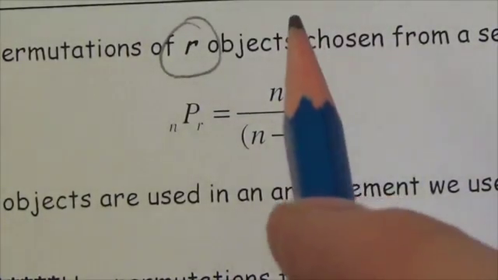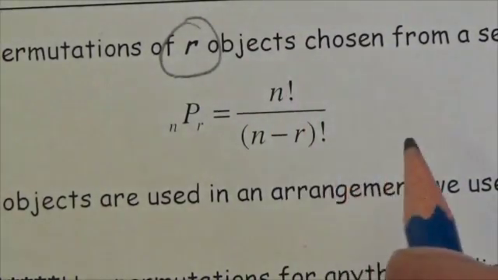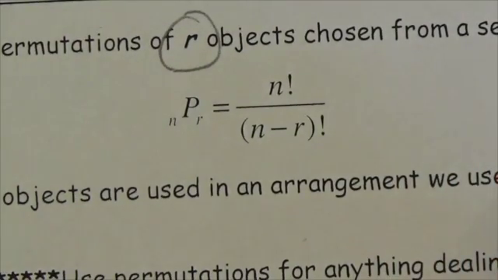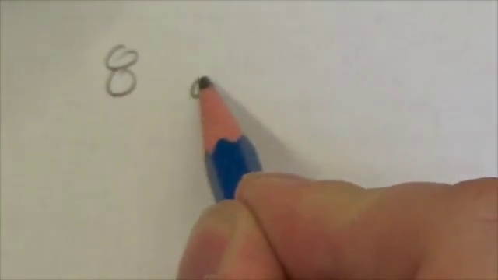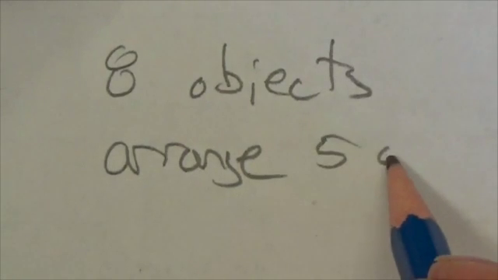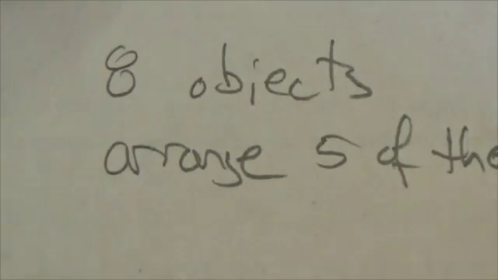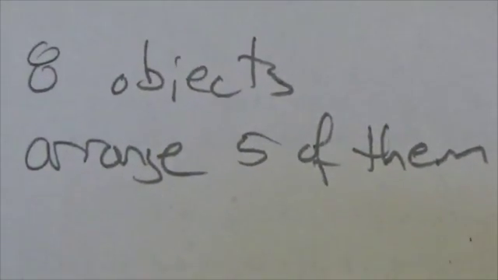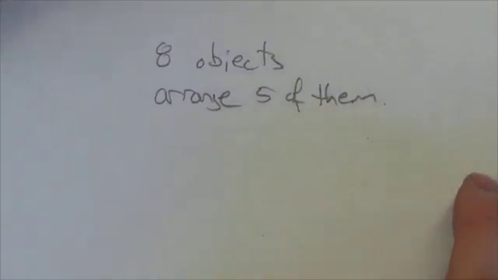Now I want to explain really quickly why that works the way it does. Let's say, for instance, that you had 8 objects, and we were going to arrange 5 of them.